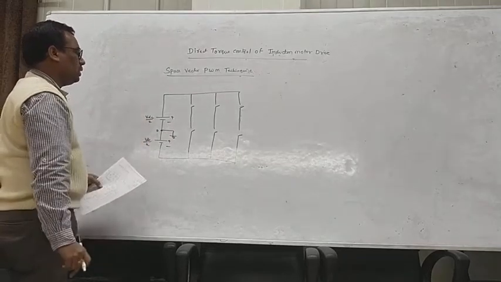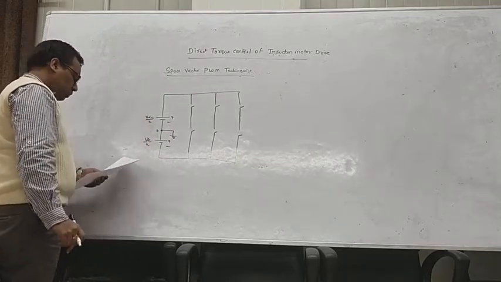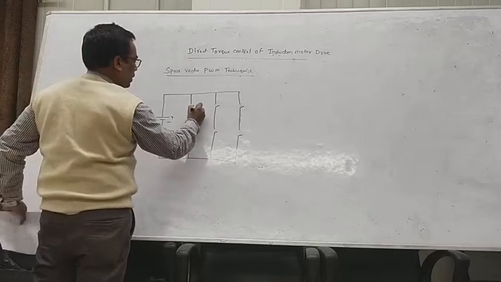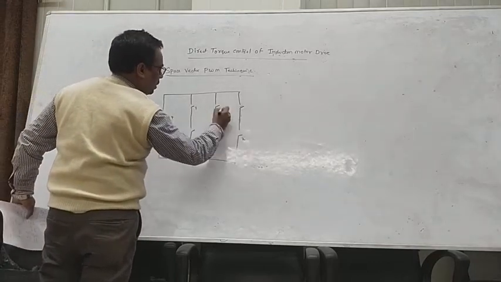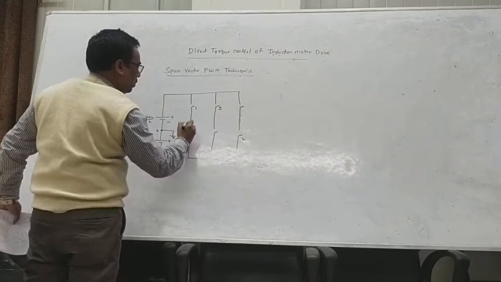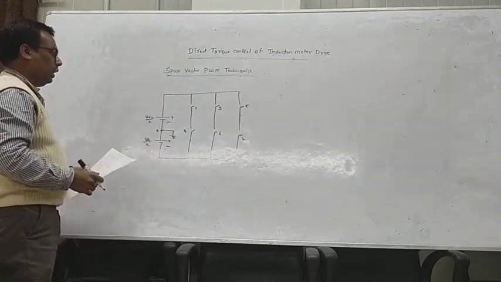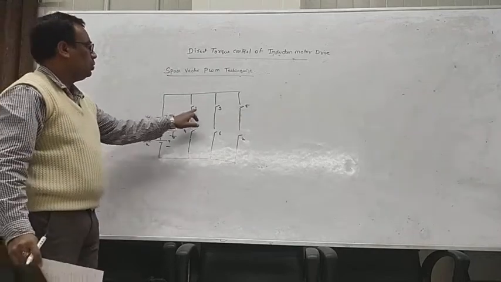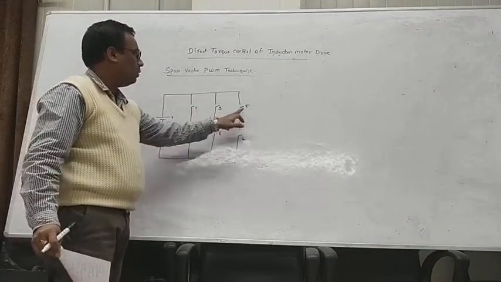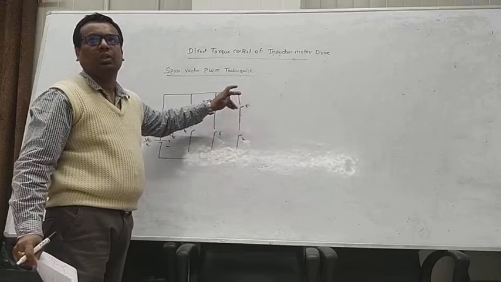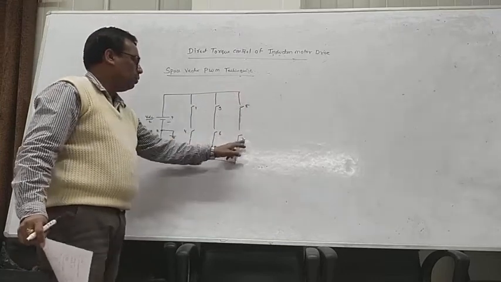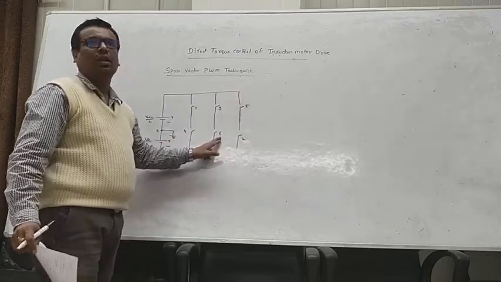Here the six switches are presented: S1, S2, S3, S4, S5 and S6. Switches 1, 3 and 5 are the positive group switches, and switches 2, 4 and 6 are the negative group switches.